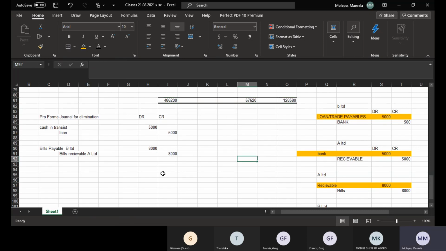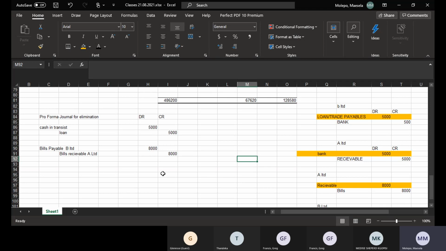And then we have the trade and other payables, which is the one Tandeka was asking about. We had the balance of 41,000 from the books of trade and other payables, 41,000 from A Limited, and then plus the 6,600 of B Limited.